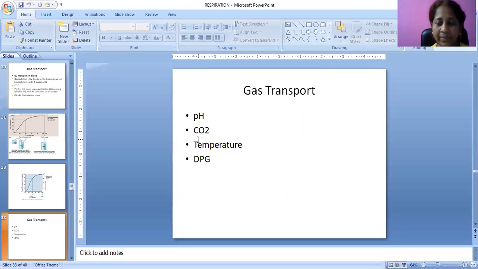The Bohr effect will be influenced by low pH, high concentration of carbon dioxide, high temperature, and diphosphoglycerate.